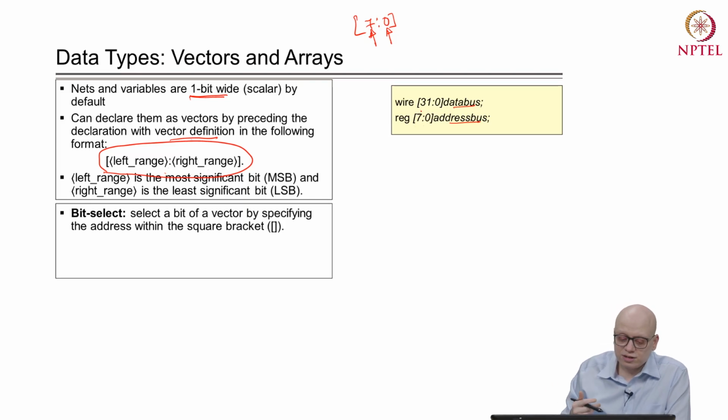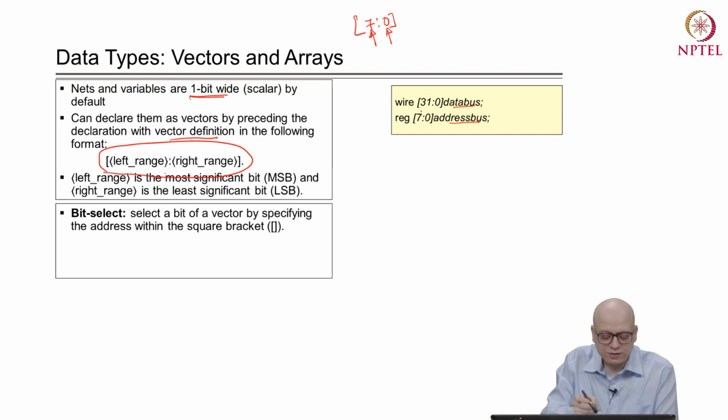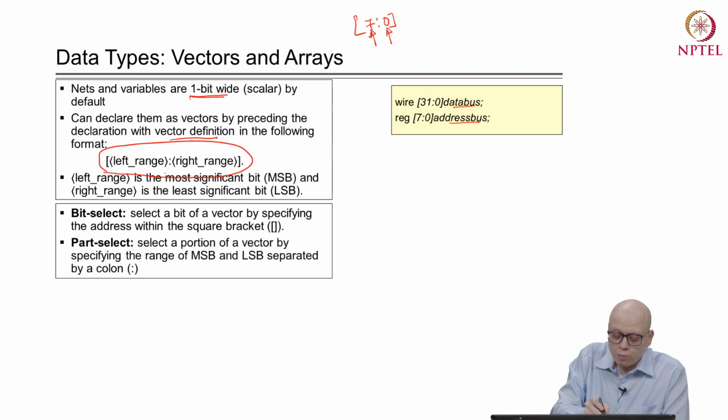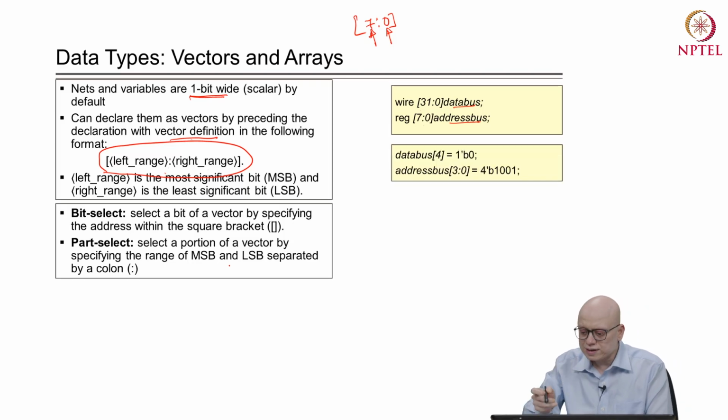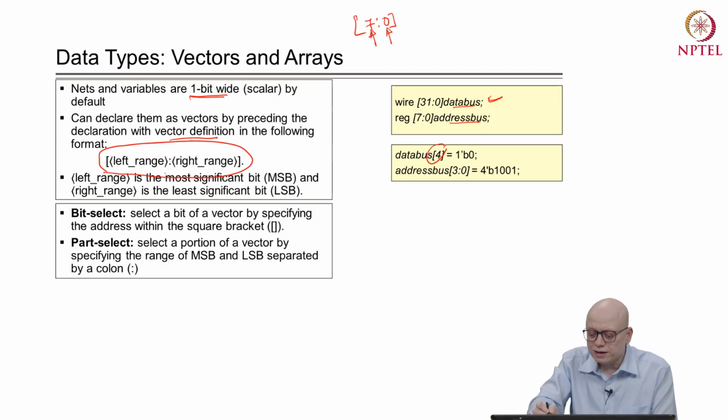Now, in a vector, we can select a bit by specifying its position within square brackets, or we can select a portion of a vector by specifying the range of MSB and LSB separated by a colon. For example, from this data bus, if we want to get the 4th bit, we just write data bus and then select within square brackets the bit position, 4 in this case.